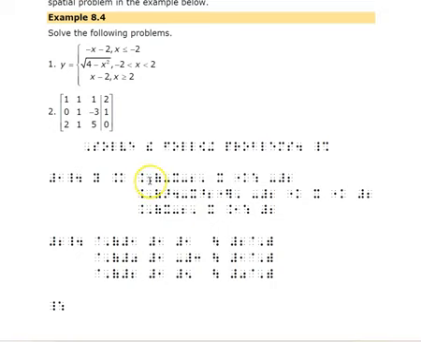So we've got an opening left brace. Negative x, negative or minus 2, comma, x less than or equal to negative 2. That's the first math problem, or math sentence.